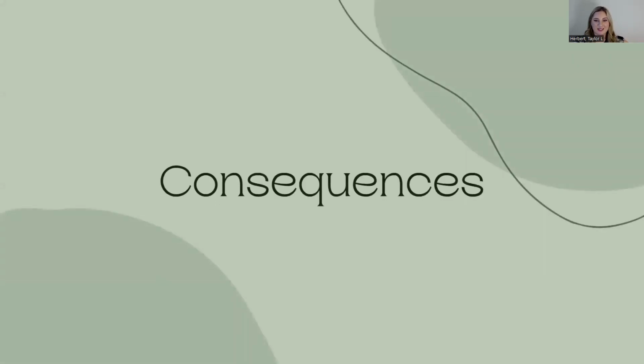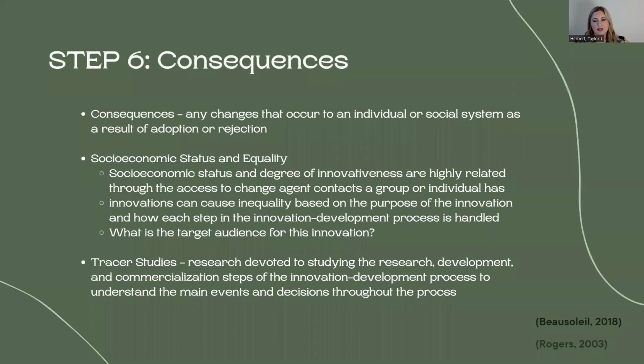Step number 6 is consequences. This is an interesting one as well. The consequences step is about any changes that occur to an individual or social system as a result of the adoption or rejection of the innovation. So you're seeing things like, did this result in anything negative?